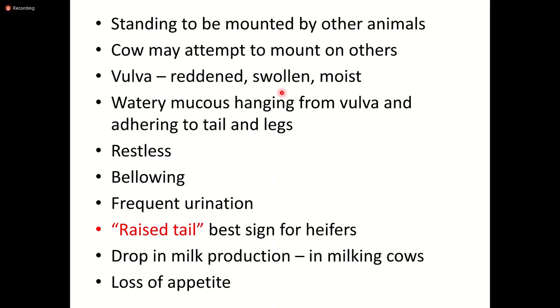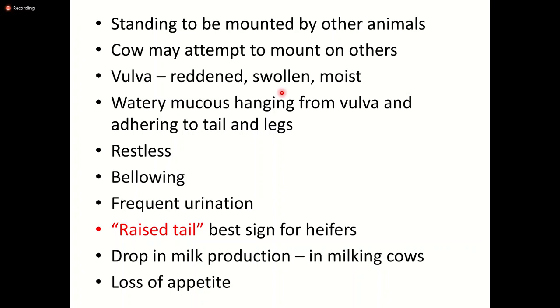So if you check the vulva, the outside of the reproductive section which we can observe from outside, it becomes reddish in color, swollen and moist, right? And sometimes watery mucus is hanging from the vulva. And they are restless, not eating well, right?